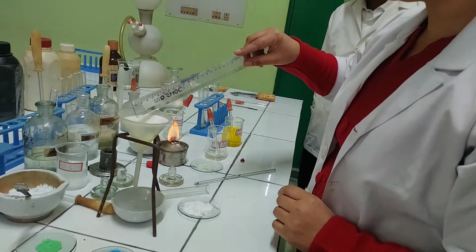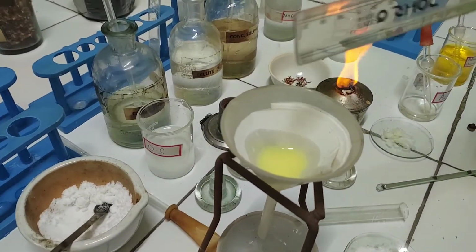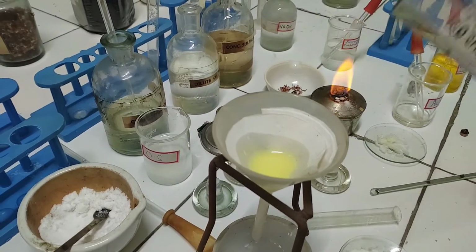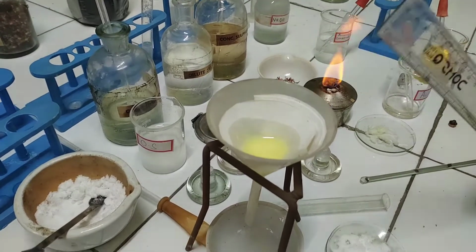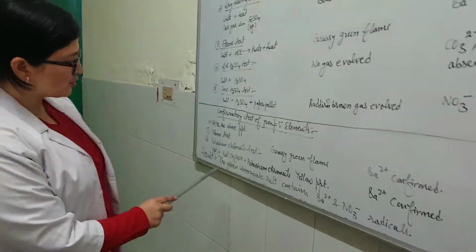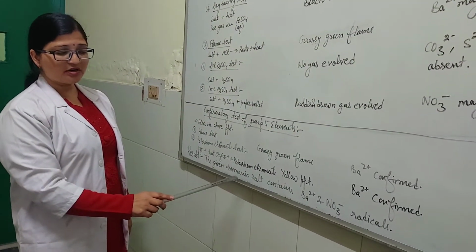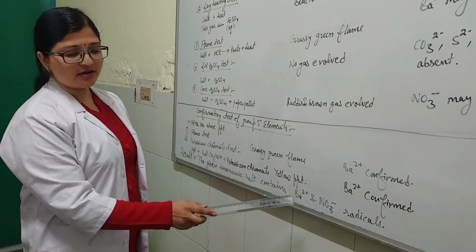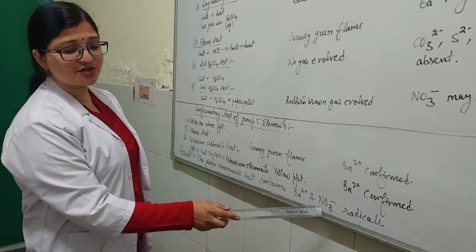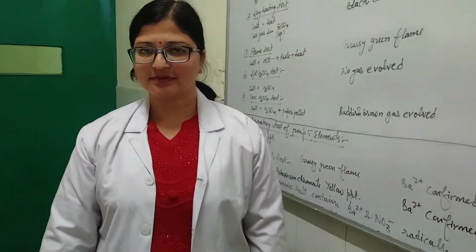See, you can see here the yellow precipitates are formed. It confirms that barium is present in this given sample. So, at the last you have to write the result. The result is: the given inorganic salt contains barium ion and nitrate radical. Thank you.